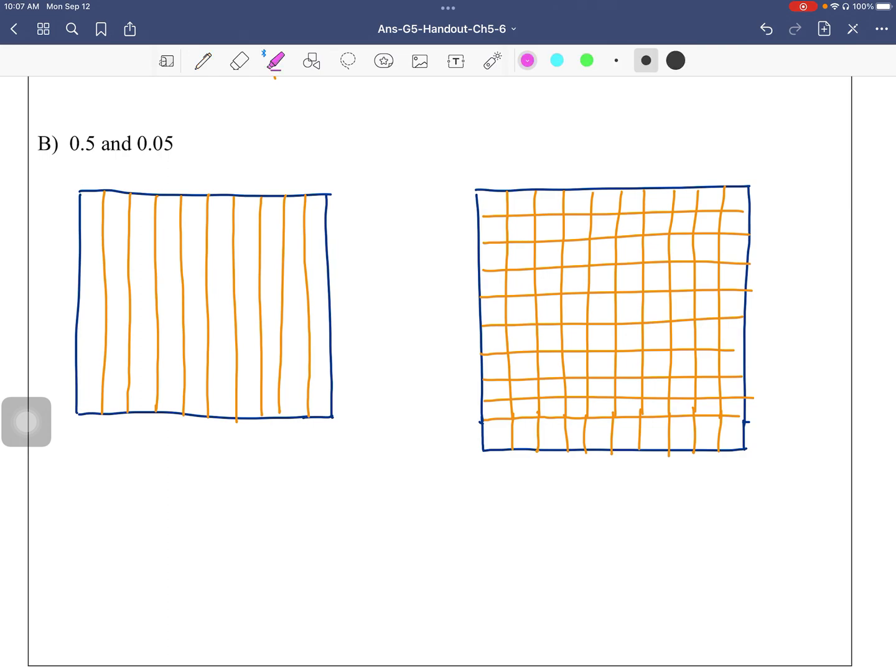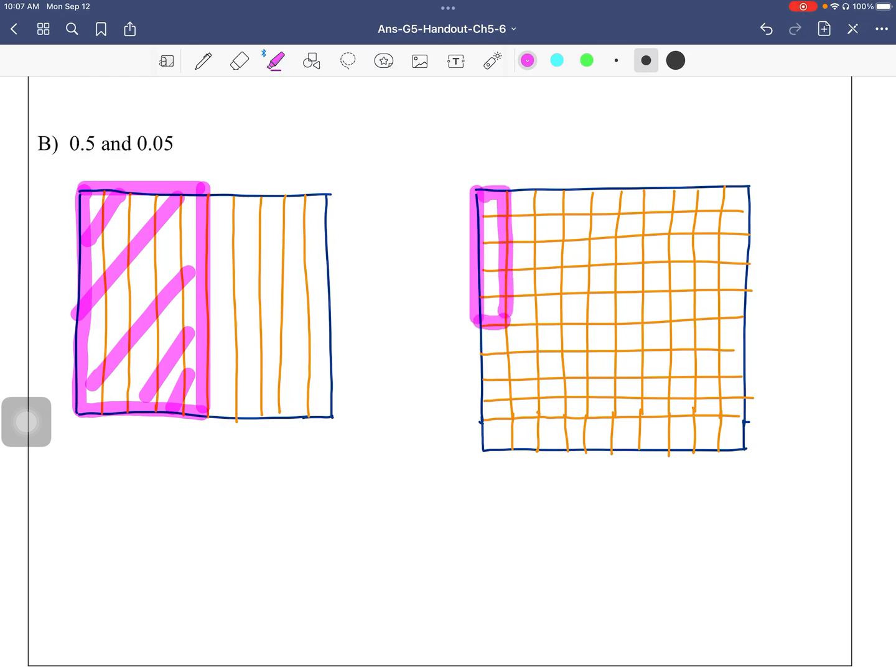So now this one I get 0.5. 1, 2, 3, 4, 5. And 0.05, just 5 of them. Okay, so they are not equivalent.